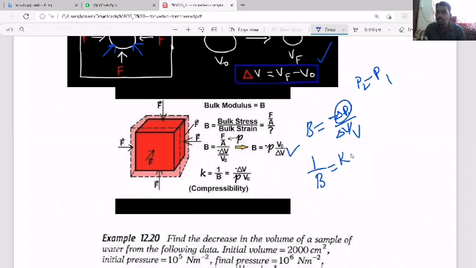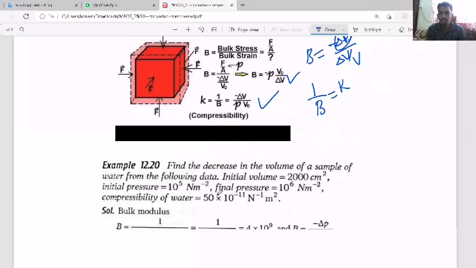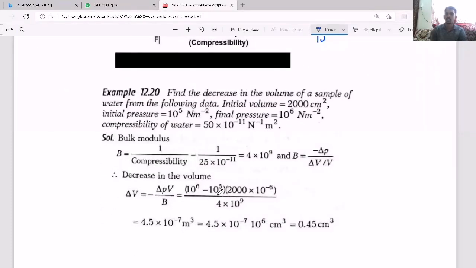So that's why there is a factor we can define which is reciprocal of bulk modulus, which is named as compressibility. Compressibility K is nothing but reciprocal, or 1 by bulk modulus. So this is the definition of bulk modulus.